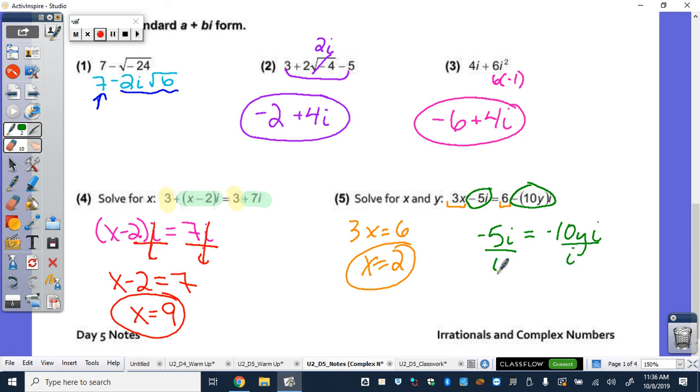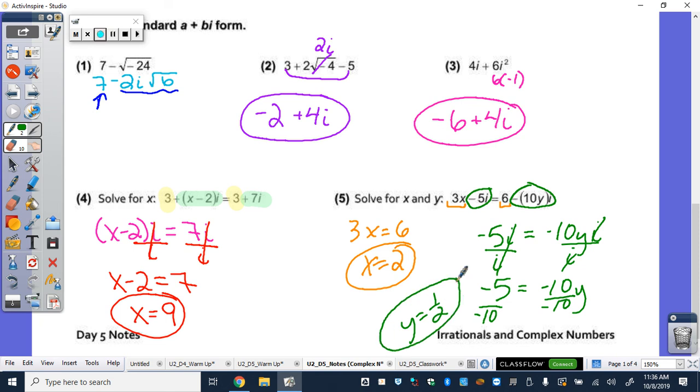If I divide both sides by i, it ends up canceling, so I have negative 5 equals negative 10y. So the last thing we divide by is negative 10. So what do we get? 1/2. Or you could write it as 0.5, but still the same thing, still 1/2.